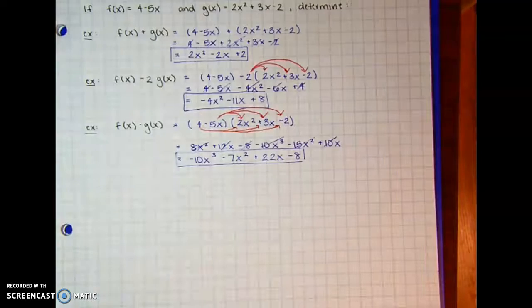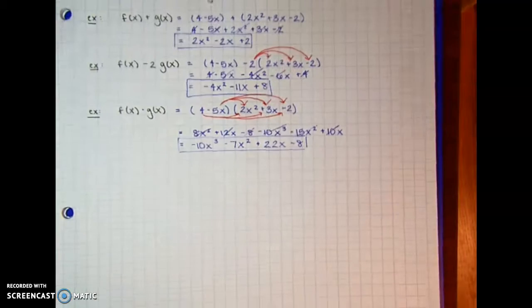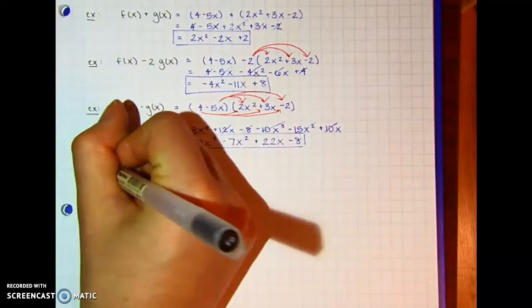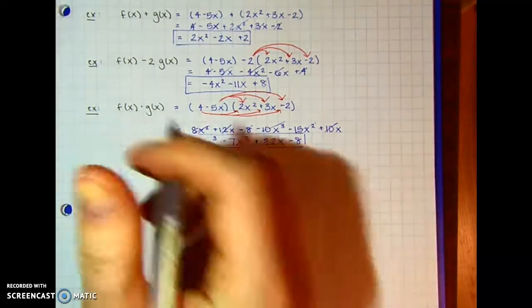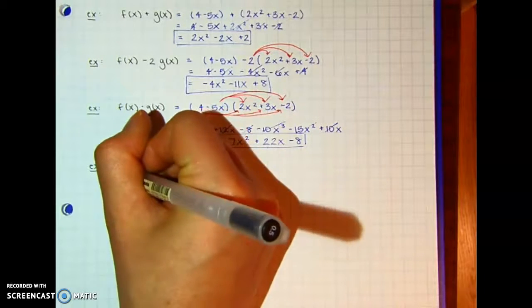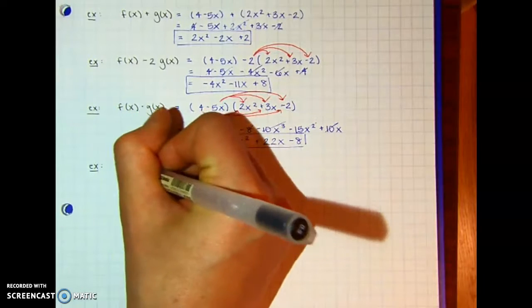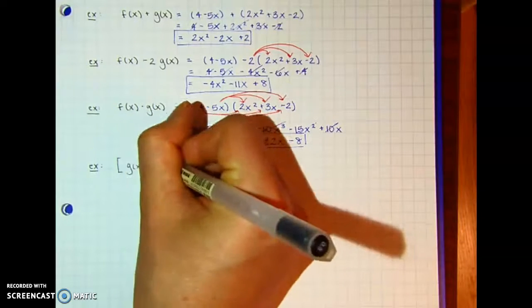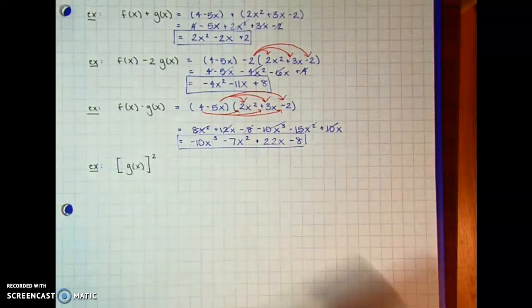Alright, let's do one more example and then we'll call it good. Let's do g of x squared. So you could write that a couple ways. You could put it in brackets just because you can map this whole function to the second power. It could also be in parentheses.